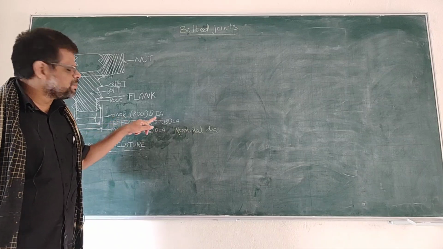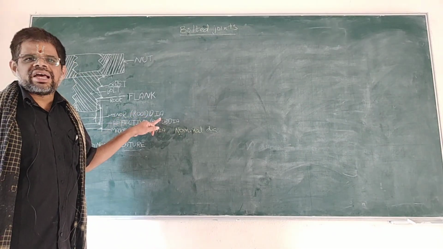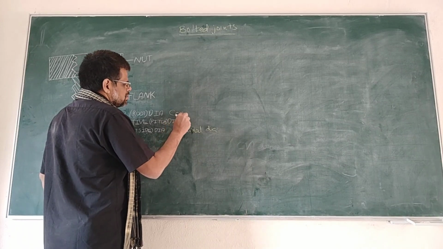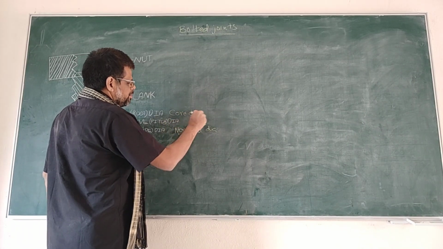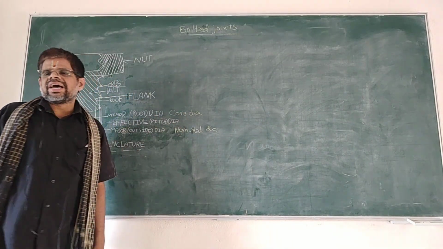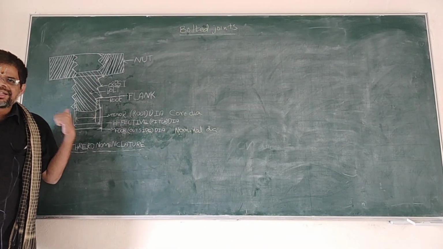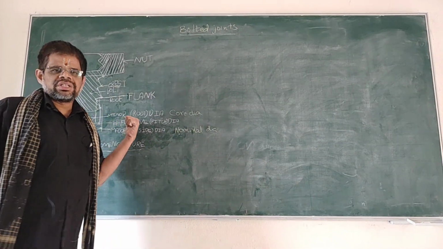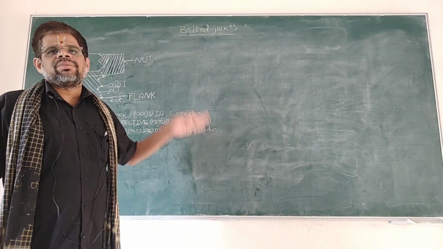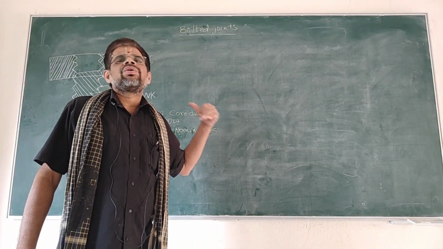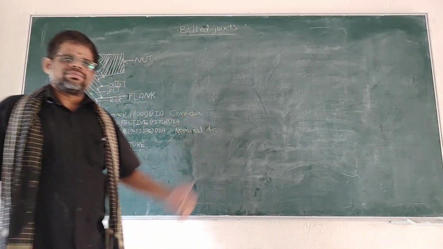It is also called the core diameter. So the major diameter is the distance between two crests. The minor diameter is the distance between two roots. The major diameter is also called the nominal diameter. The minor diameter is also called the core diameter or root diameter.